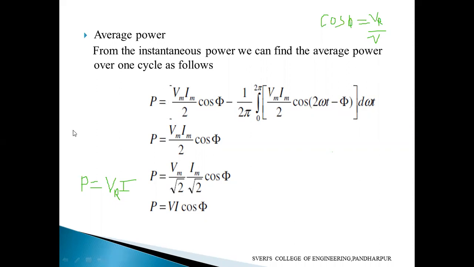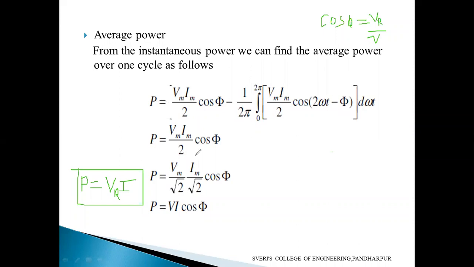Then the average power of the circuit is given by P equal to VR into I. Write this: P equal to VR into I.